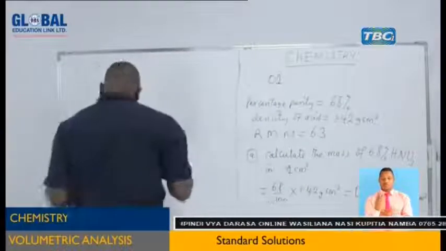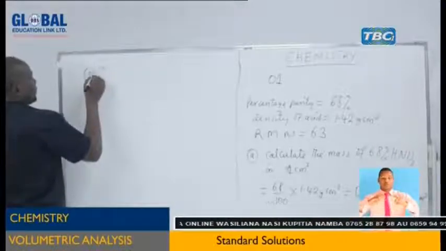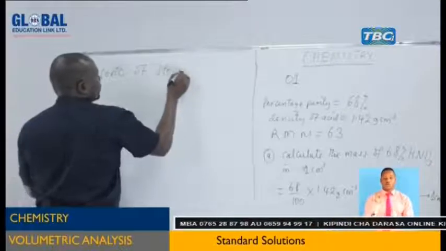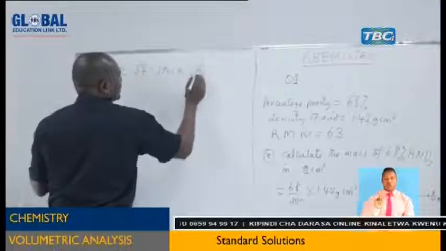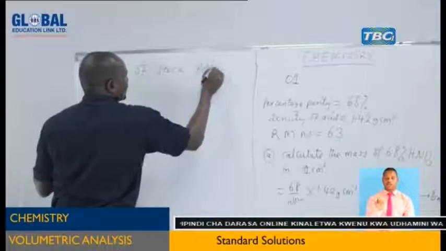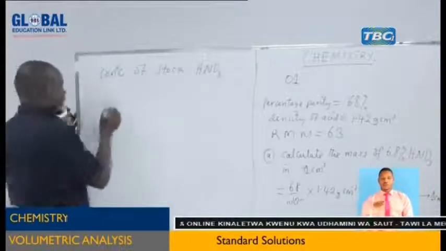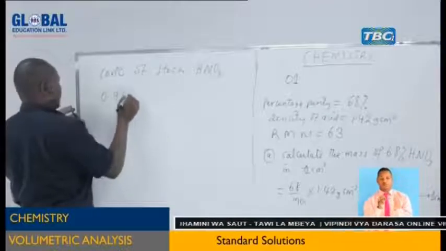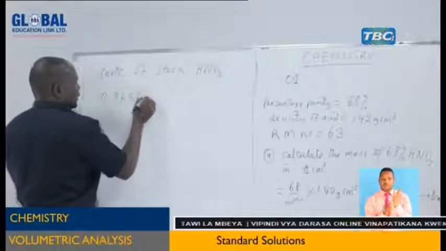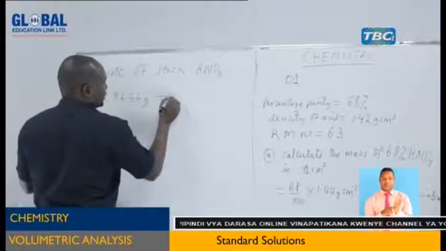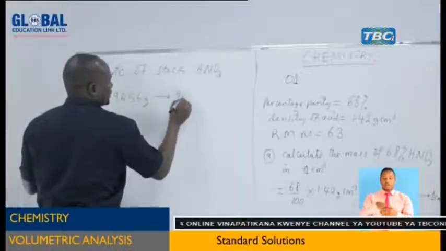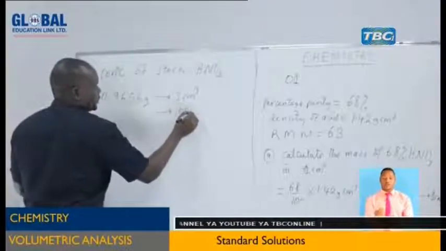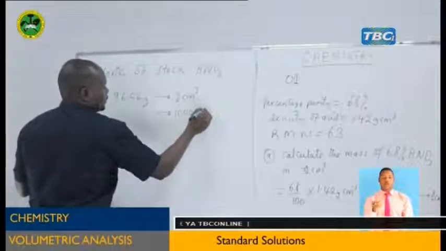So to find out now the concentration of the stock nitric acid solution, here, if 0.9656 gram is present in 1 cubic centimeter, what about in 1 liter, which is 1,000 cubic centimeter?